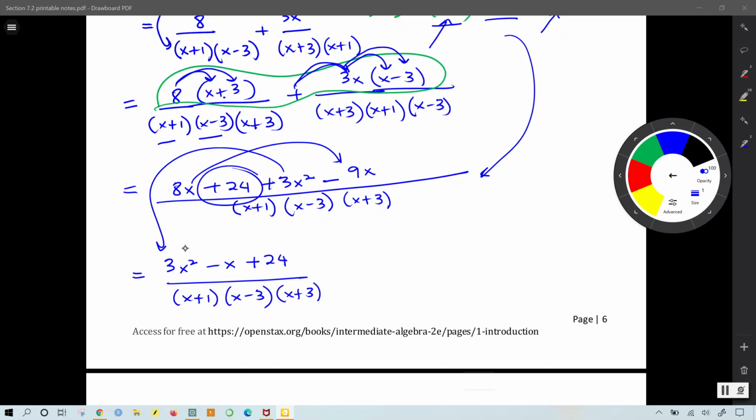What you would observe is that the top does not factor any further, and so this is the final answer for that question.